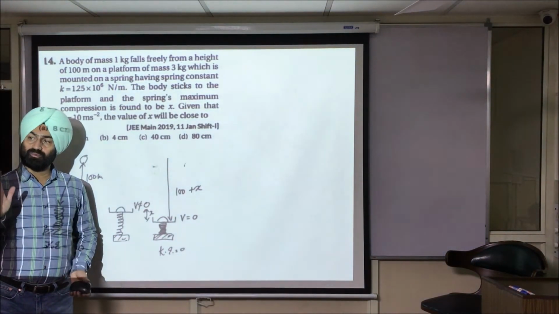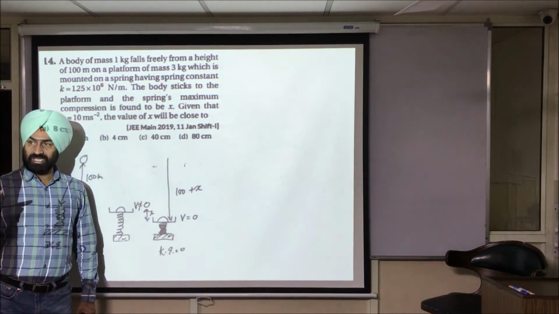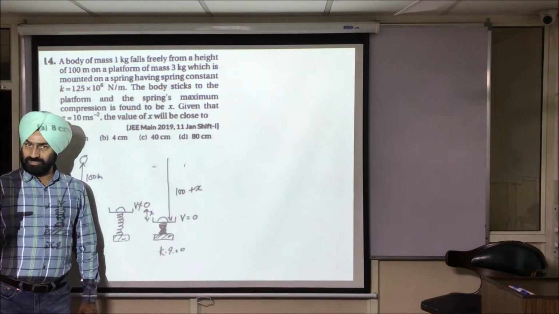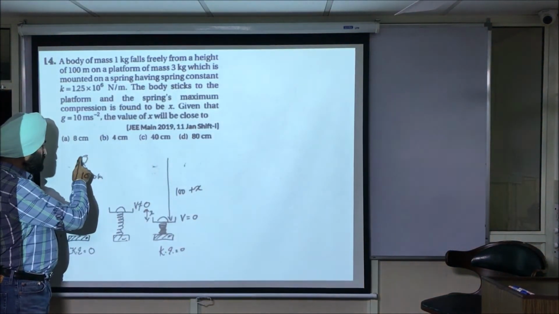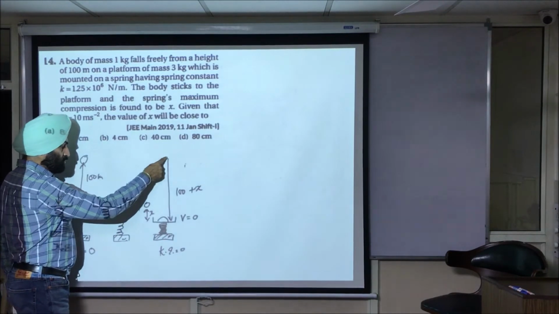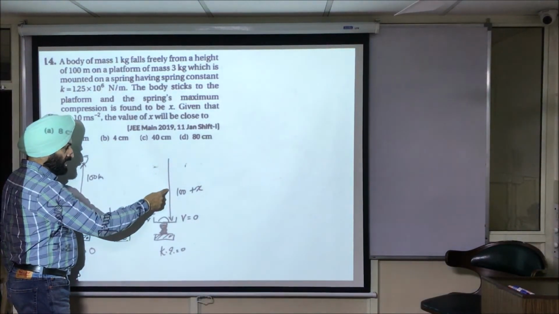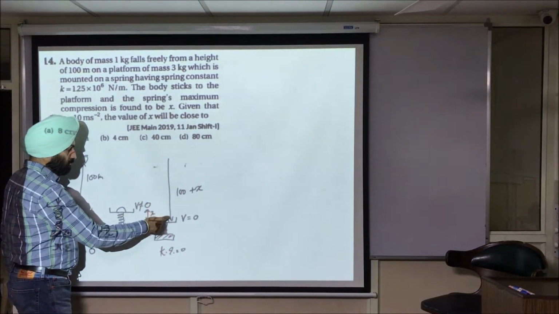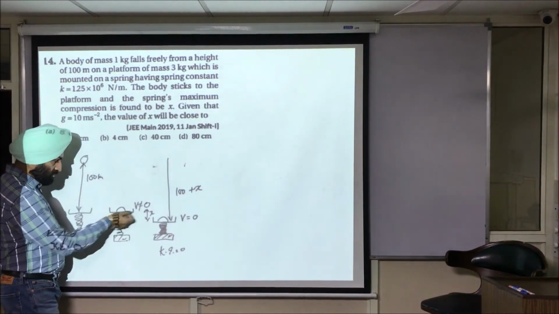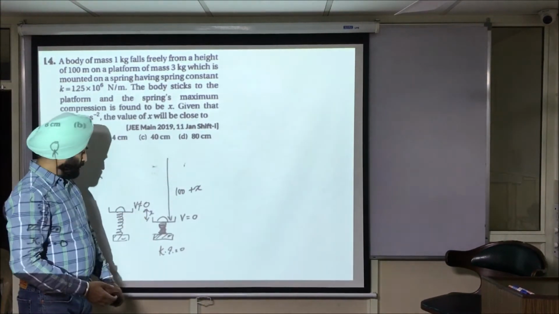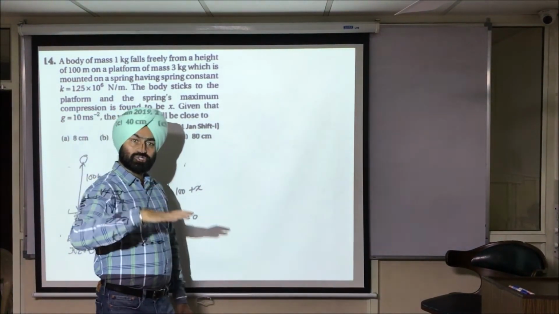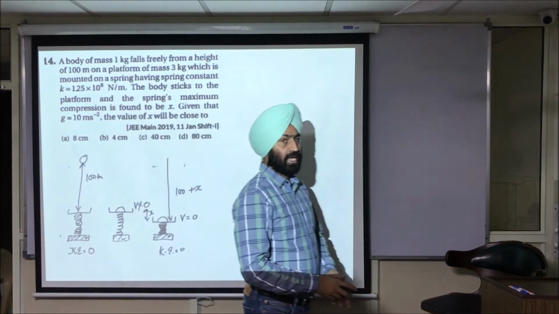So all the potential energy lost by the two objects: this 1 kg mass has lost a height equal to 100 plus x, whereas the platform has also lost some height x.